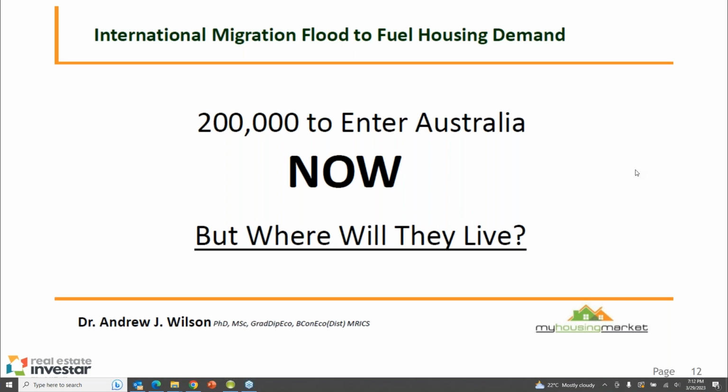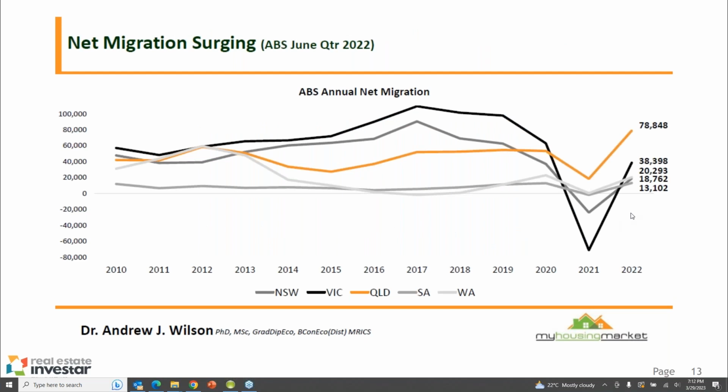I speak to friends who have Airbnb properties and rent out to students, and the international student market is really starting to come back again with a vengeance. So again, the population growth in Australia over the next 12 months, and these are figures based on the next 5 years on average, is very strong, and that certainly has an effect on the rental market as well as the selling market.